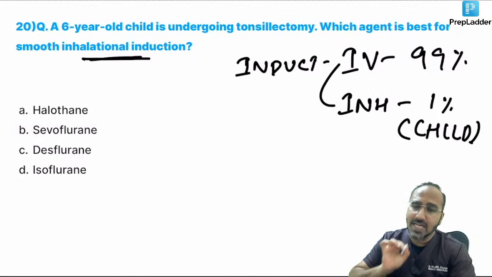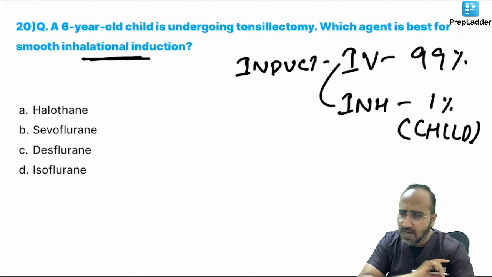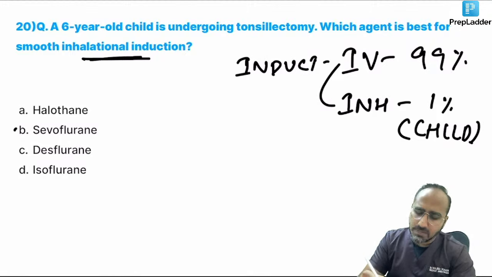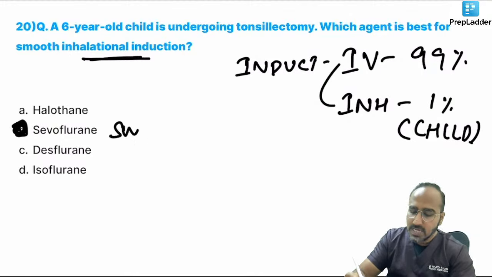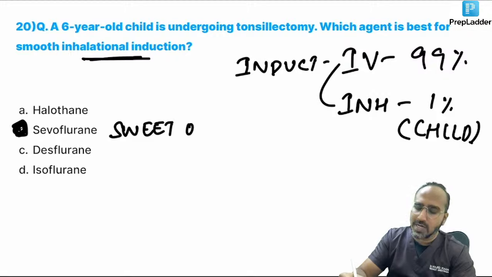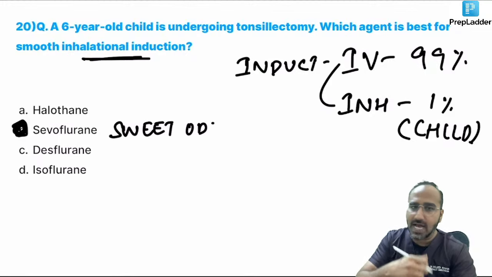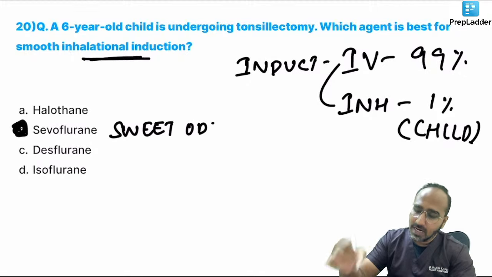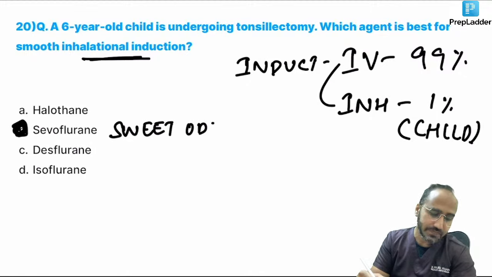And whenever inhalational induction is given, only one drug should come to your mind. Two inhalational agents can be used guys. Sevo and halo, but the best one is what? Sevoflurane. Why? Because it is having a sweet odor. If sevo is not there, you can go for halothane. But desflurane and isoflurane are not at all given for induction. Okay? So remember, smooth inhalational induction, what is the drug of choice?